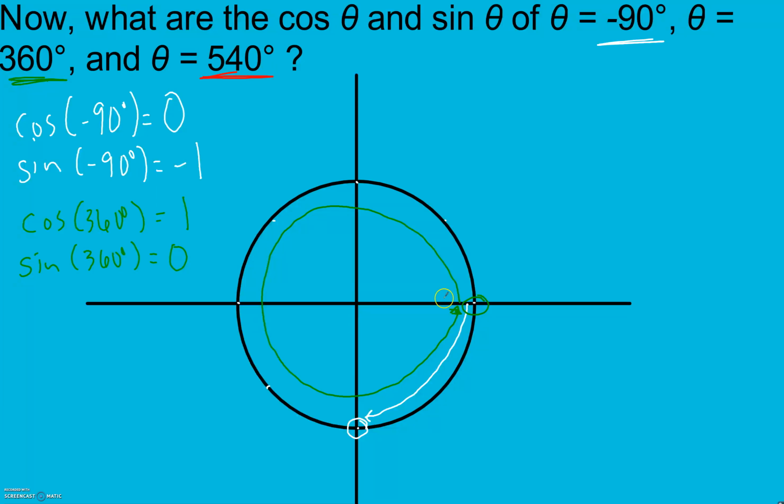And 540. 90, 180, 270, 360, 450, 540. So we're looking for this point right here. Cosine of 540 degrees is one full circle plus a half circle. Our cosine is our x value, negative 1. And our sine is our y value, 0.